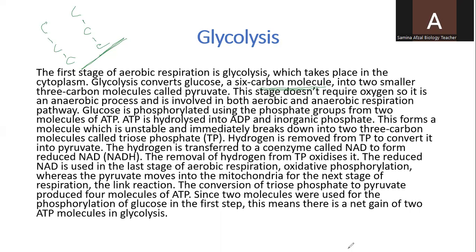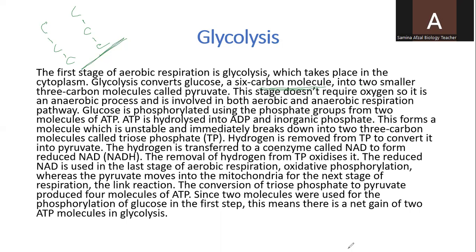This forms a molecule which is unstable and immediately breaks down into two 3 carbon molecules called triose phosphate. So at this stage the glucose molecule is changed into triose phosphate.